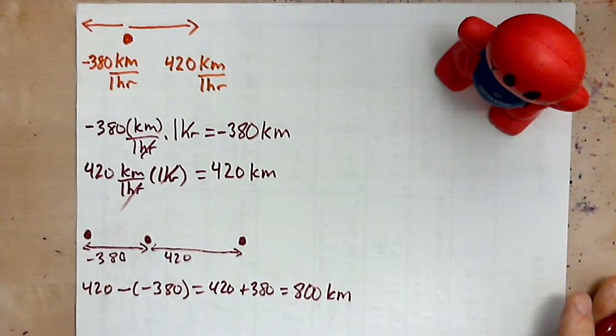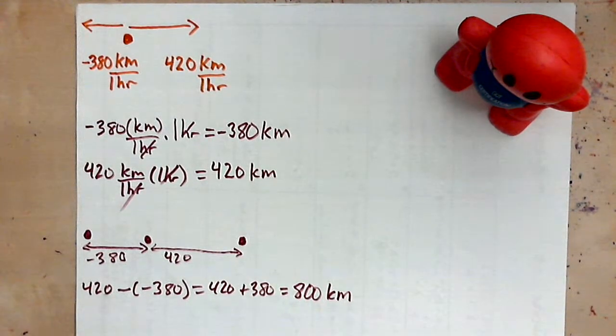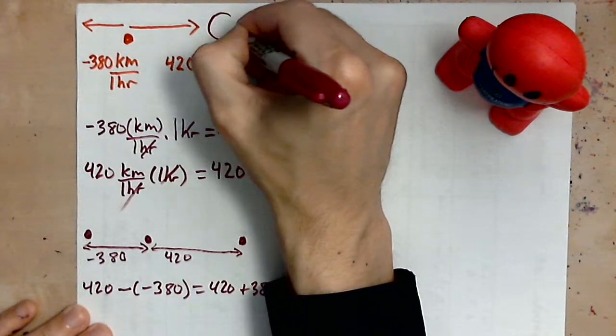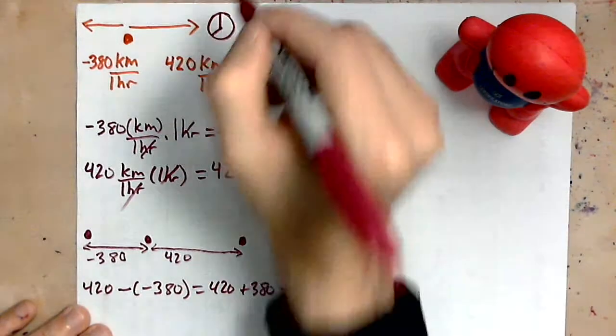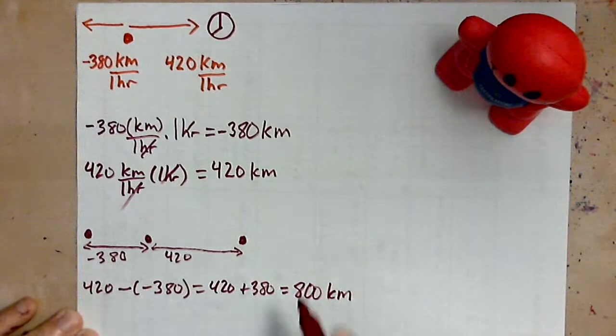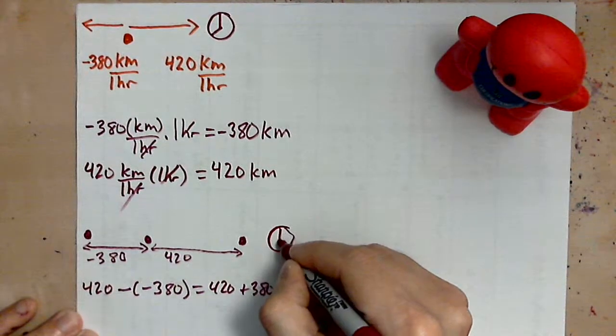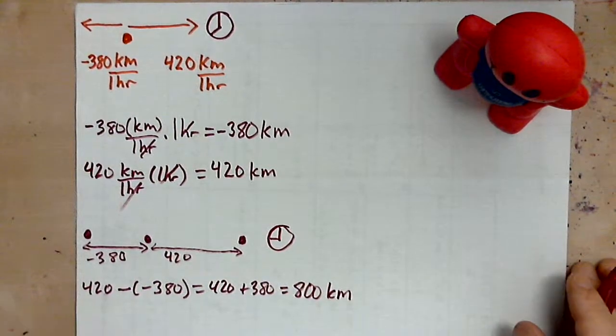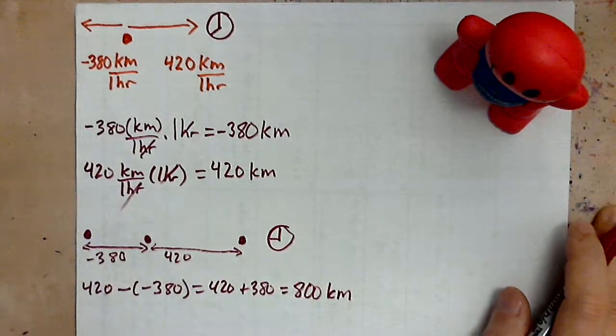And now the question is, how much time passes so that they are 2,000 kilometers apart? That's one way of stating the question. The other one is, at what time are they 2,000 kilometers apart? And this is all assuming, of course, that they leave the airport here at 8. 800 kilometers apart, that means at this instant it's 9. 1 hour has passed of time.